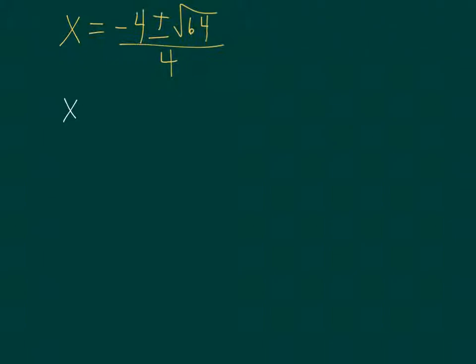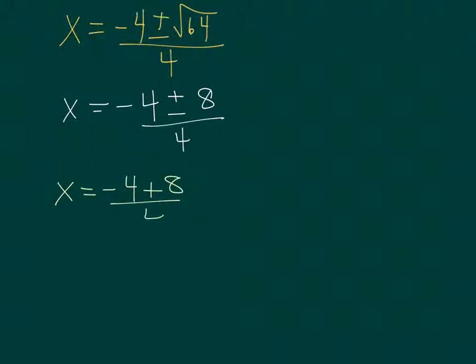Well, as we talked in class today, we can do the square root of 64. Well, the square root of 64 is 8. So this comes down to, you have X equals -4 plus 8 over 4, and you have X equals -4 minus 8 over 4.